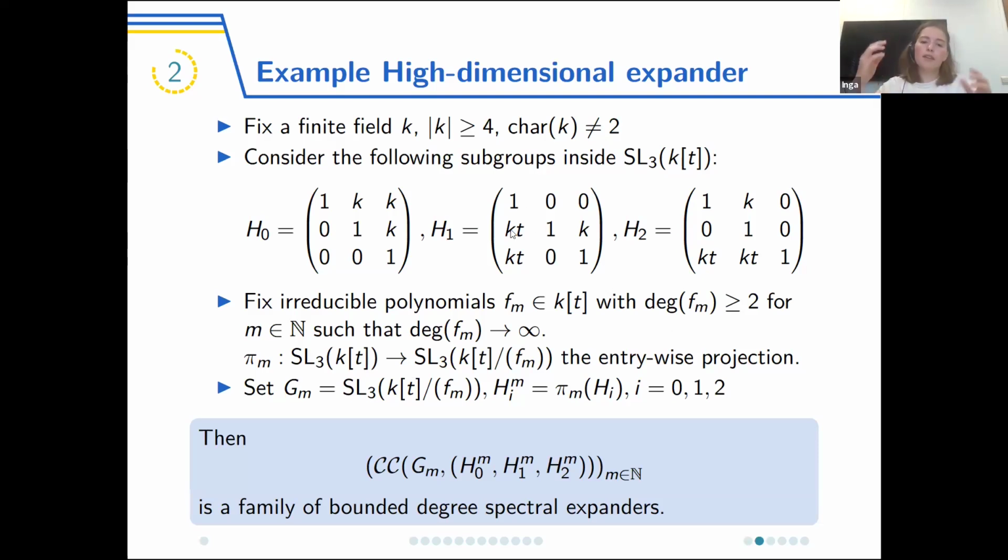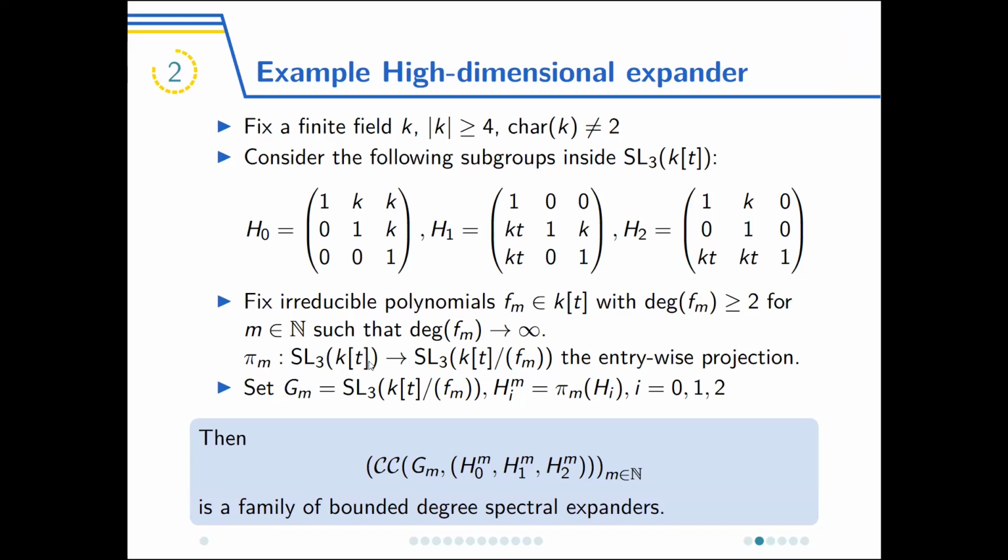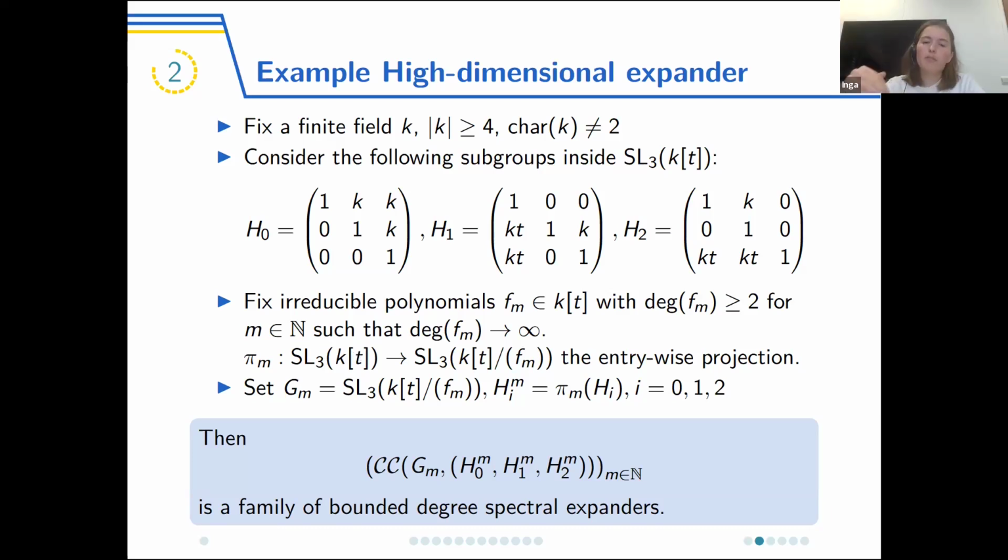Now we want an infinite family of complexes, and we do that by choosing an infinite family of irreducible polynomials such that their degree grows to infinity. Then we look at the entry-wise projections, where we go from the polynomial ring to the polynomial ring modded out by the ideals generated by these polynomials F_m.